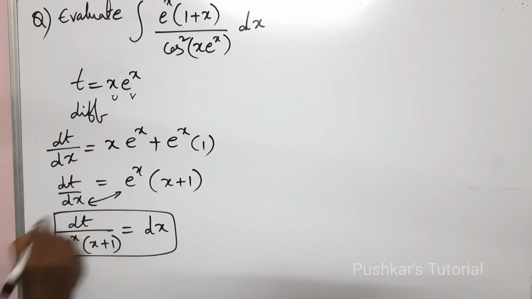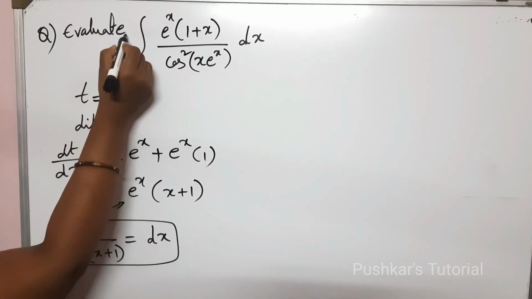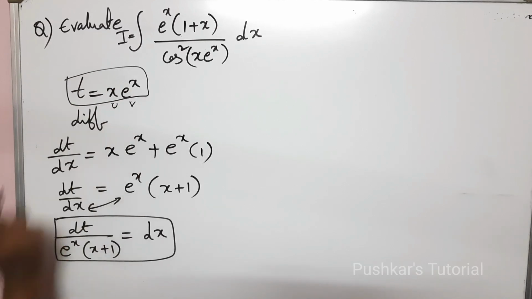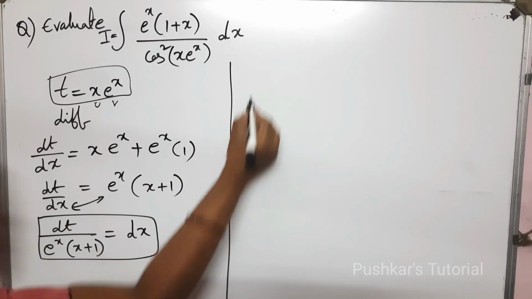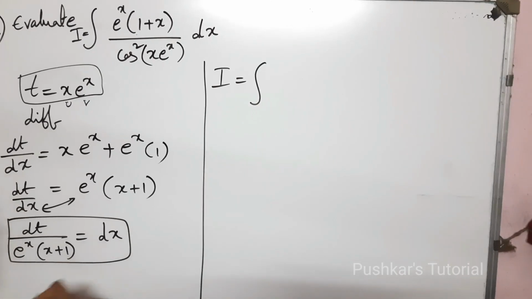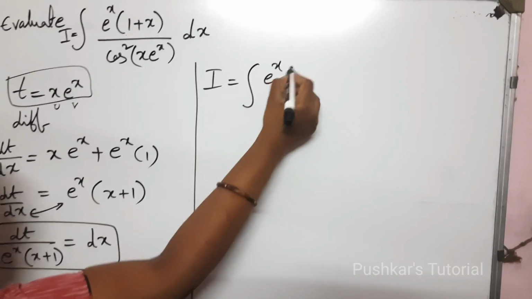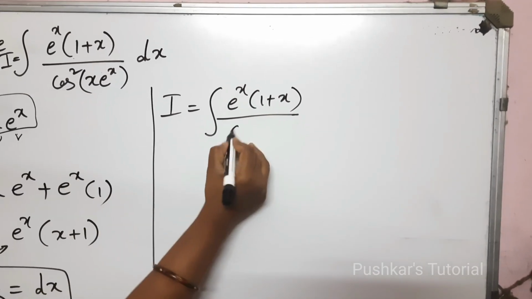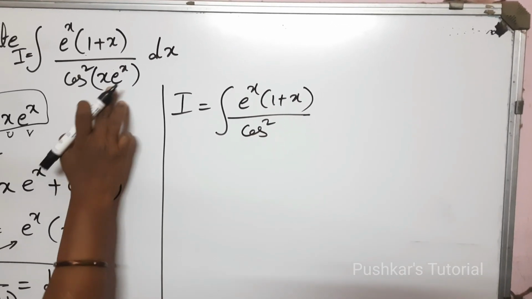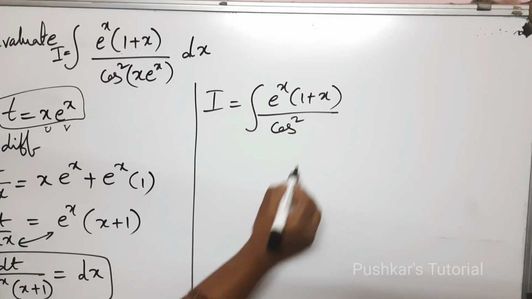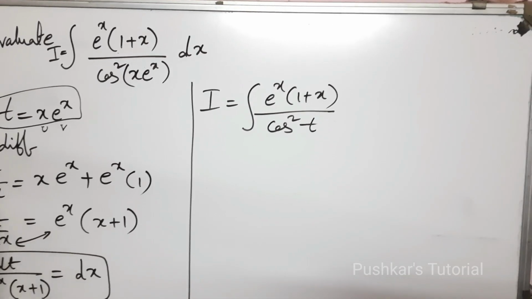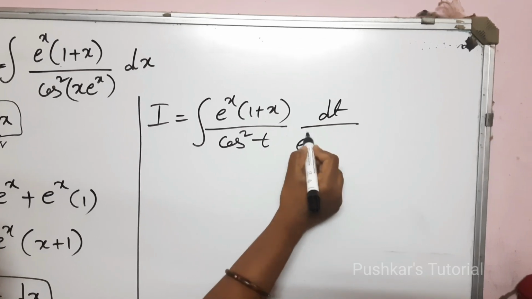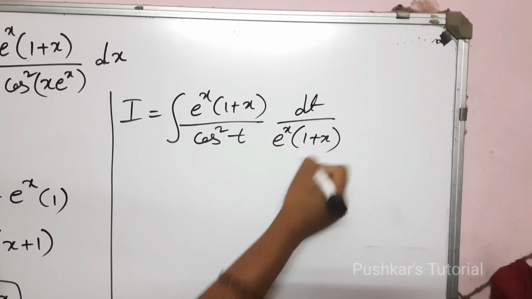Now substitute everything in our question. First we take the question as I. So I is equal to the integral of e^x (1 + x) by cos², cos² as it is, x e^x in place we can write as t, and the dx value we got as dt by e^x (1 + x).